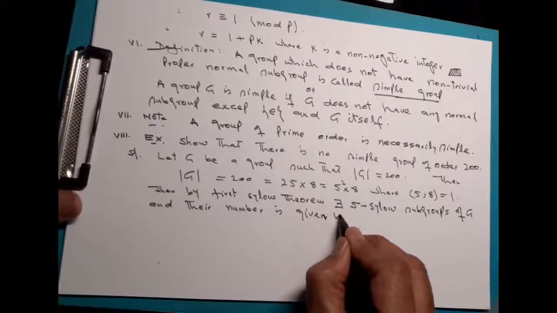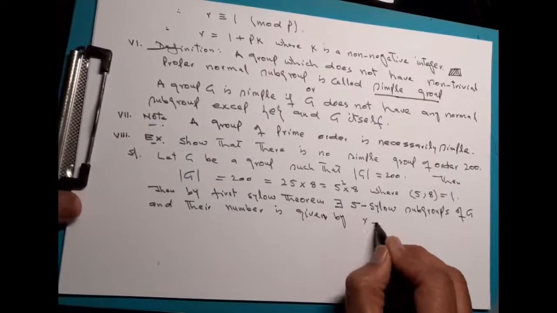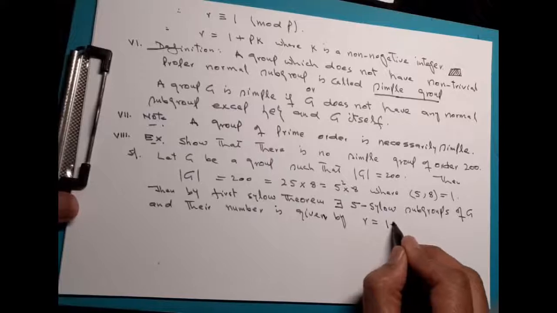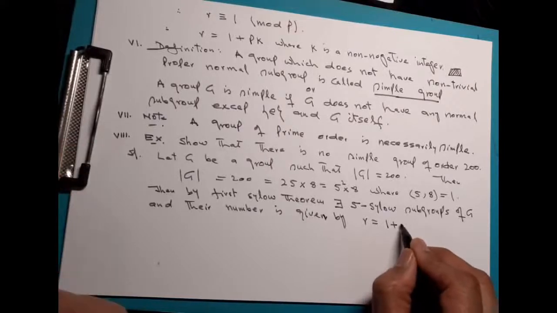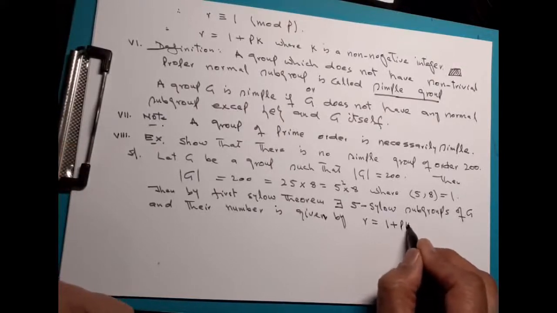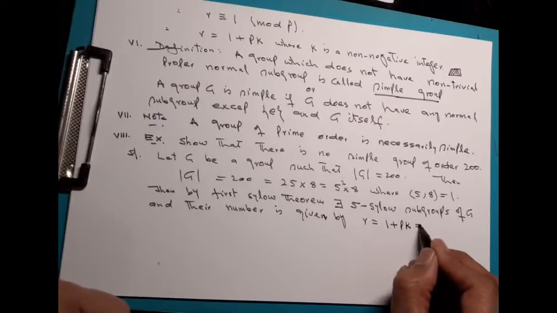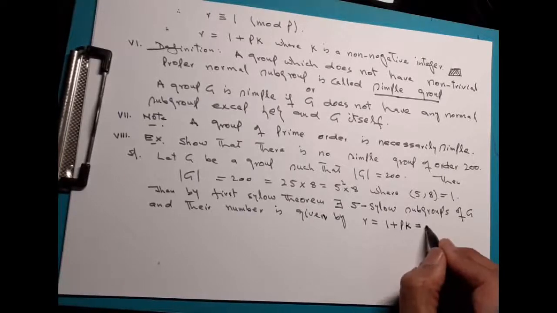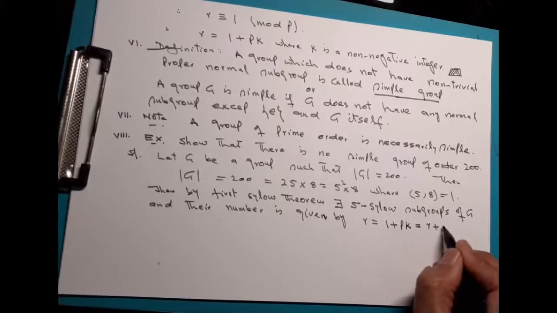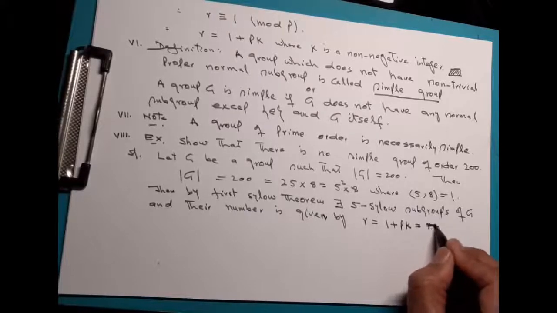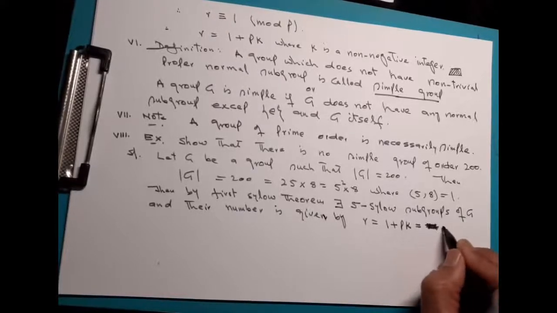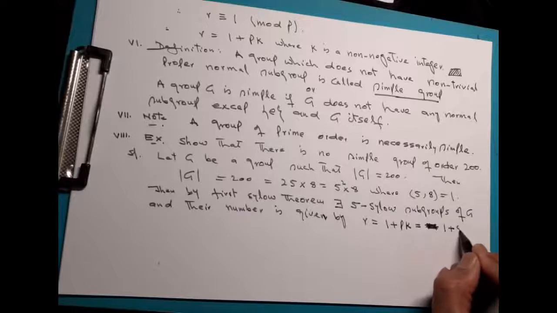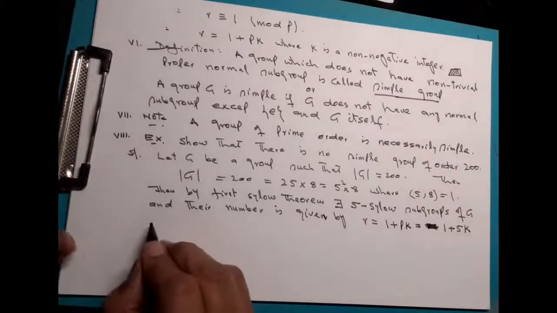The number is given by R is equal to 1 plus pk. Remember that in our case p is equal to 5, so R is equal to 1 plus 5k, where k is a non-negative integer.